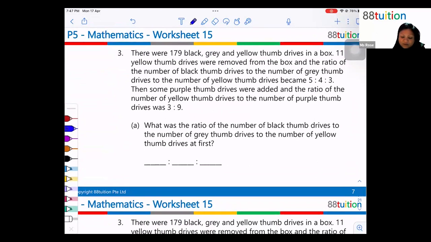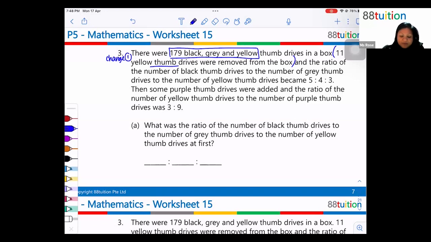So which means that the total number of black, gray, and yellow is 179. Okay, now, from here, 11 yellow thumb drives were removed from the box. So this is change number 1. What happens in change number 1?